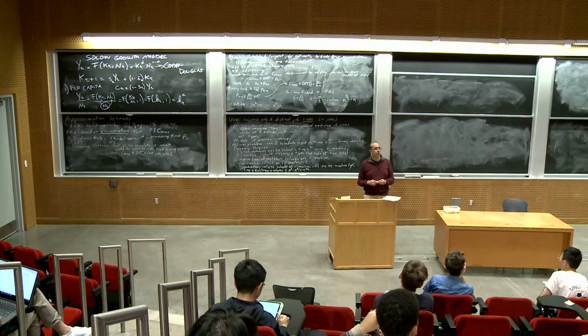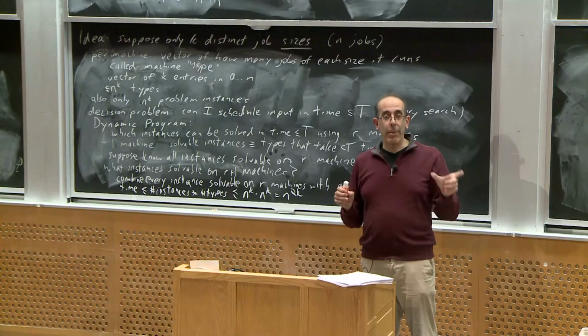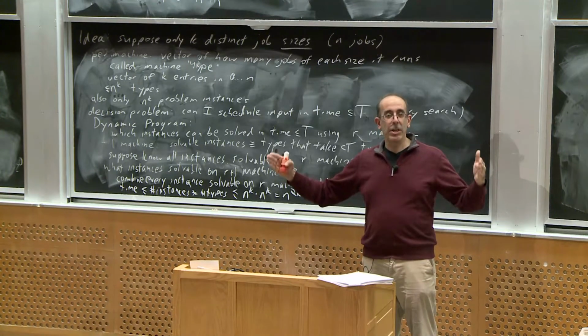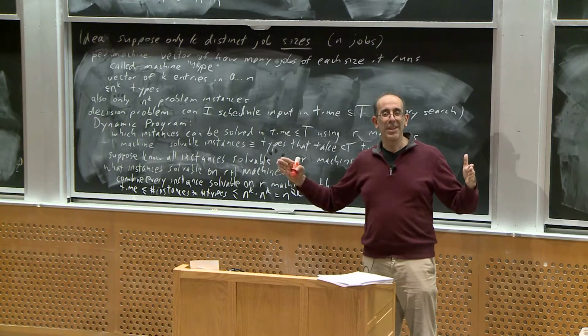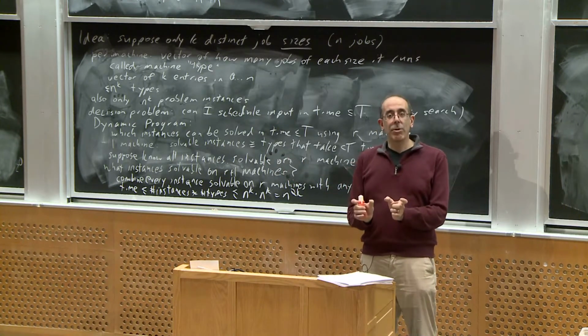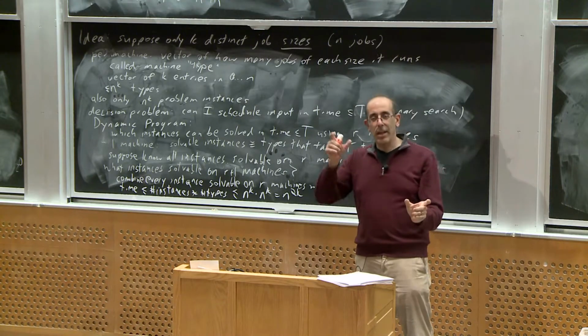If we try instances that are solvable on up to the k machines. So good idea, right? If the number of machines we want to use is a power of 2, then you could say, well, anything that's solvable on 4 machines can be solved with 2 machines and 2 other machines.